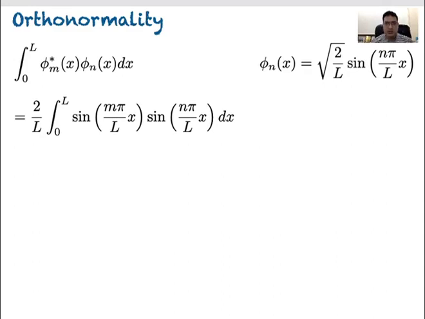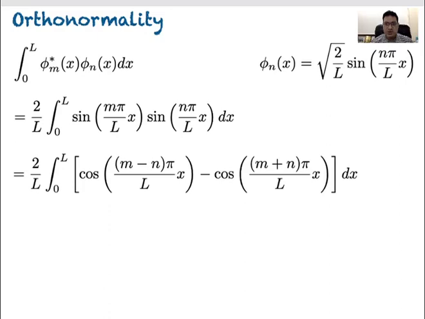Now you could think of this as sine A times sine B over dx. Now you can use the trigonometry relation. So what you are supposed to get is cosine (A minus B) minus cosine (A plus B). And now you know what the integral of the cosine function is.